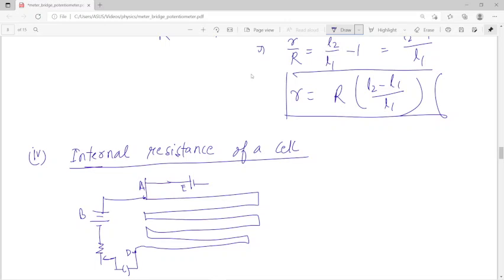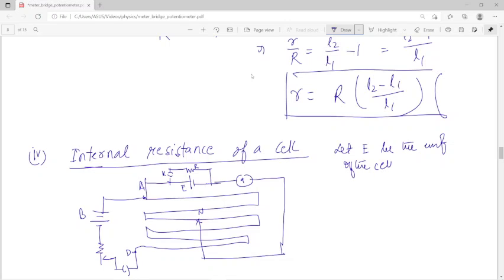We place a key K, and there is a resistance, capital R, and we put the galvanometer, which is connected to the jockey at some point, that point is N. So in that particular case, let E be the EMF of the cell, because in boards you have to write like that, and small r is its internal resistance.